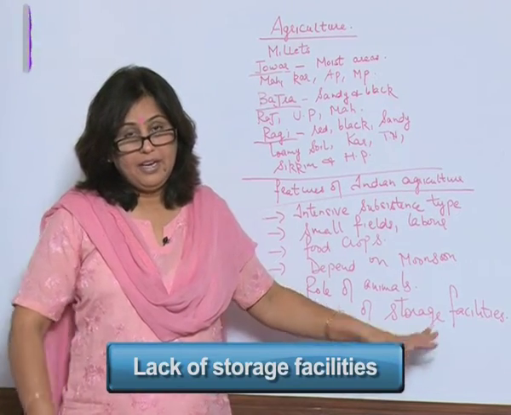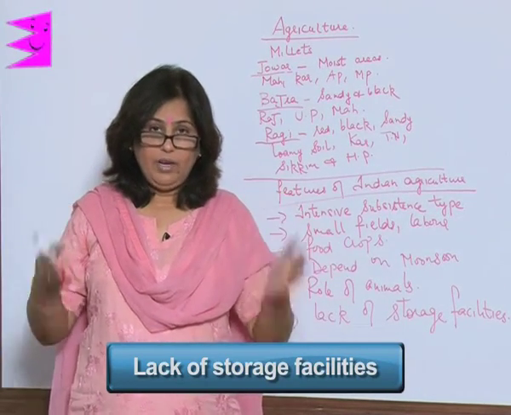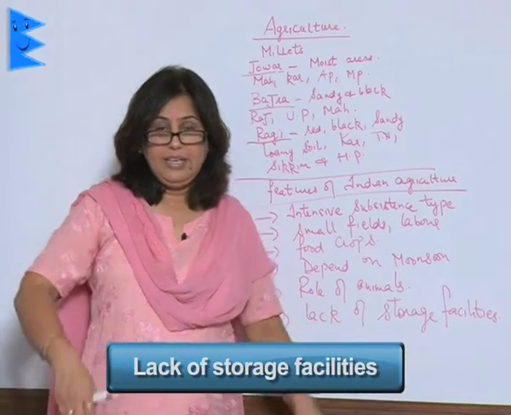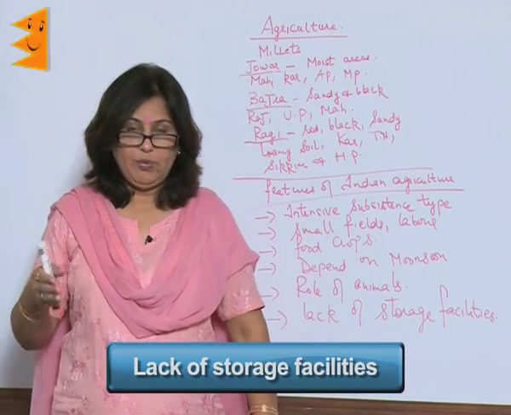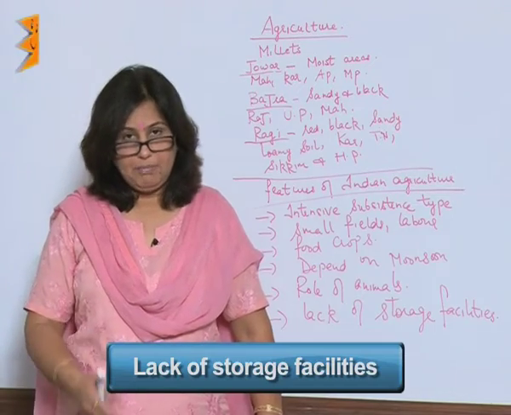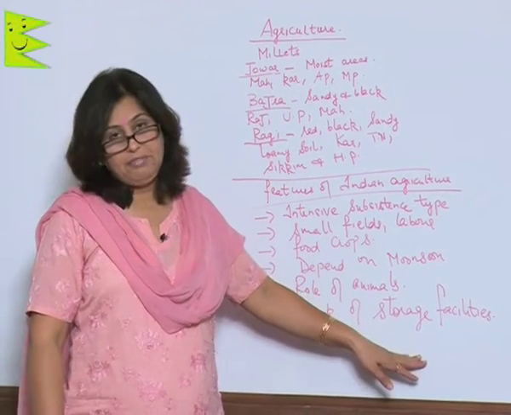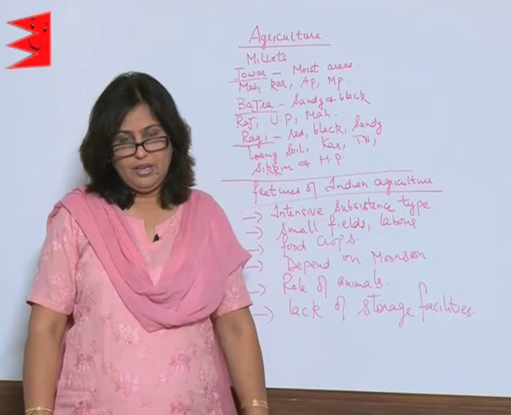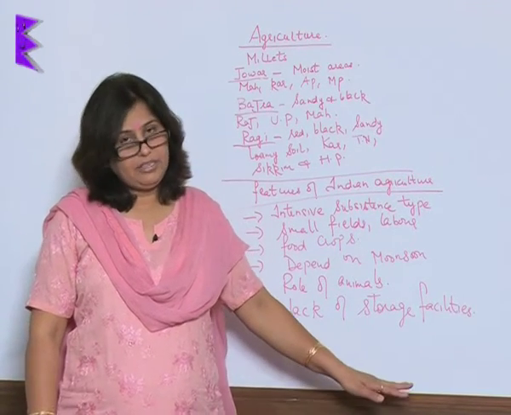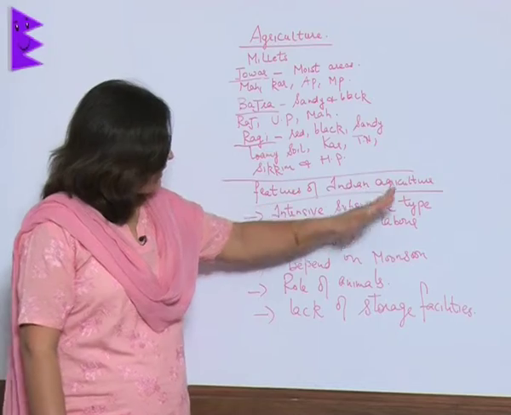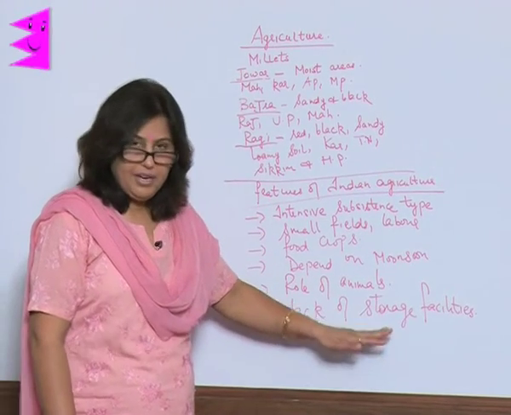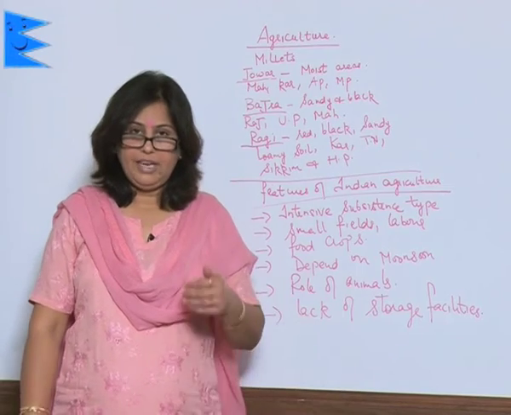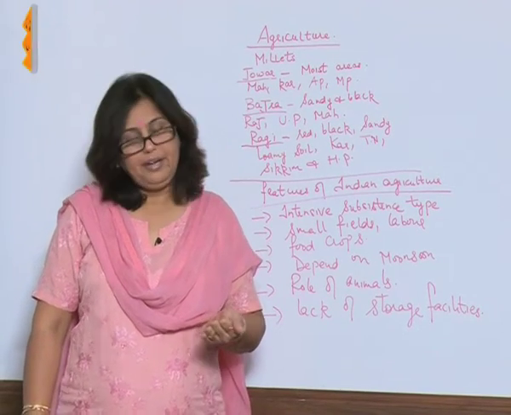That is, if by the will of God, as he says, there is a lot of production and he has yet to take it to the place where he has to sell it, which he calls mandis, he does not have the facilities to store his crop production, and hence this makes a lot of difference. These are the features of Indian agriculture as such. I talk about this agriculture in detail in the next clipping.